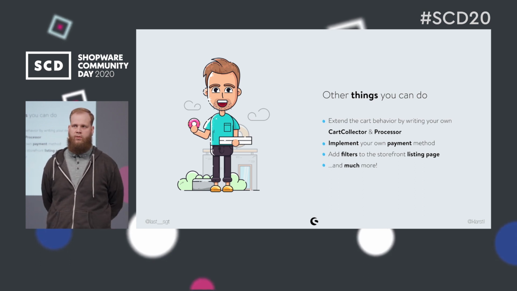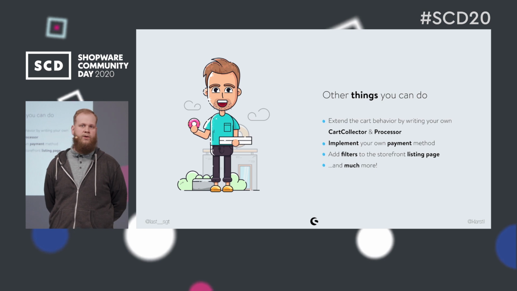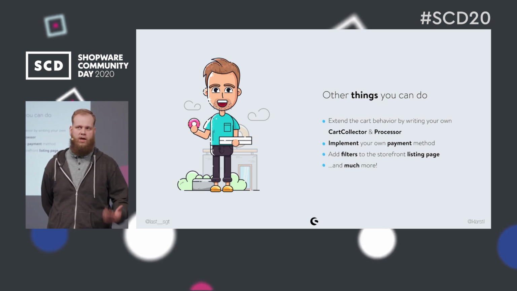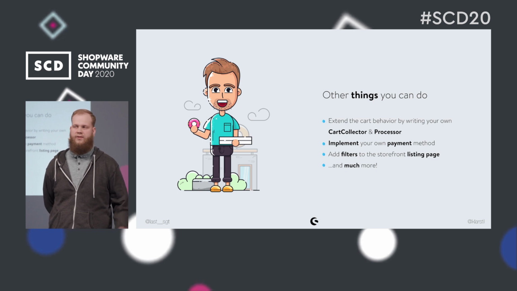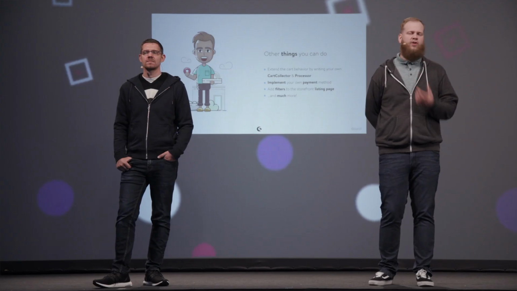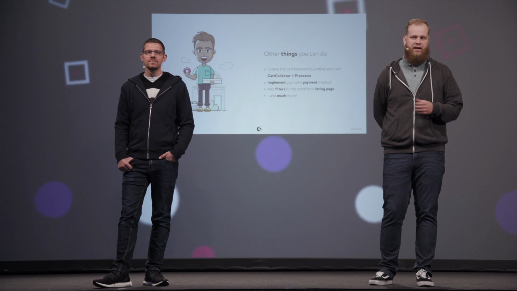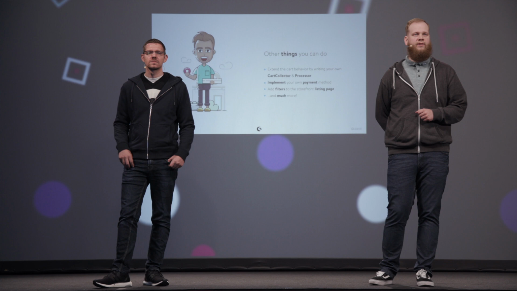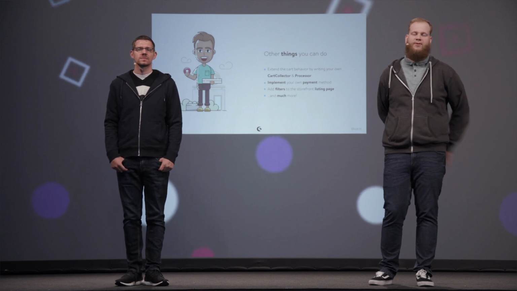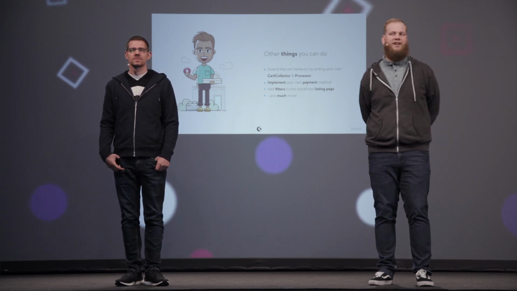For example, you want to filter products that are low in stock, or maybe for special offers or something. And there's just so much more you can do. I bet if you ask something in the Q&A session, which we will have later, if it is possible, I will certainly 99% of the time say, yes, that's possible.